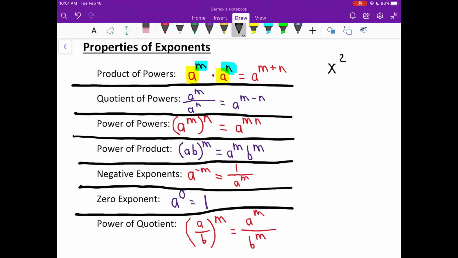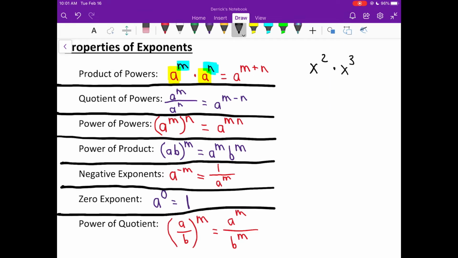Meaning, say we did have an x squared, and we wanted to multiply that by x to the third. Since they both have a base of x, we can take x squared times x to the third, and we would get x to the fifth, because 2 plus 3, adding those two exponents together, gives us 5.